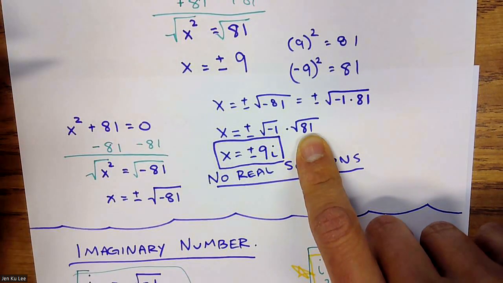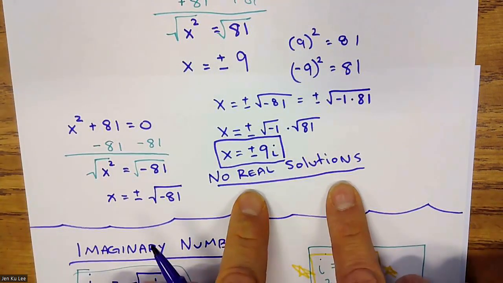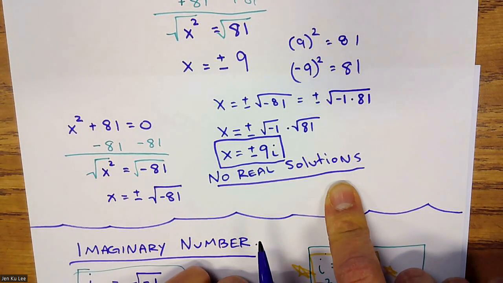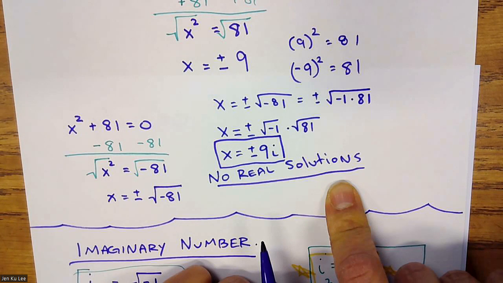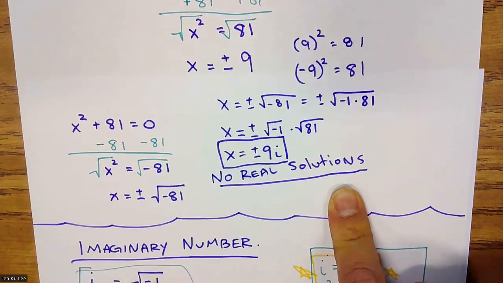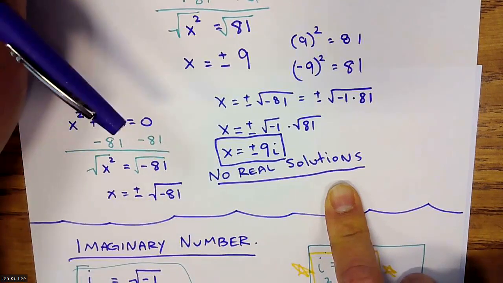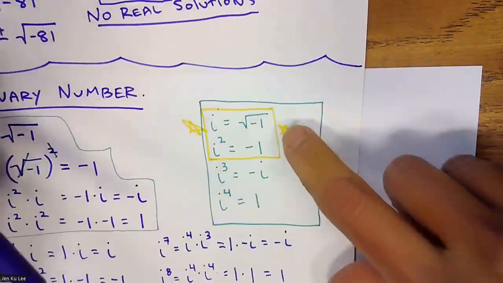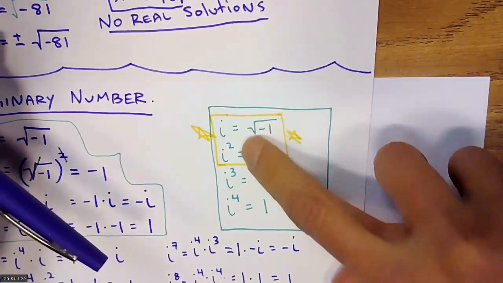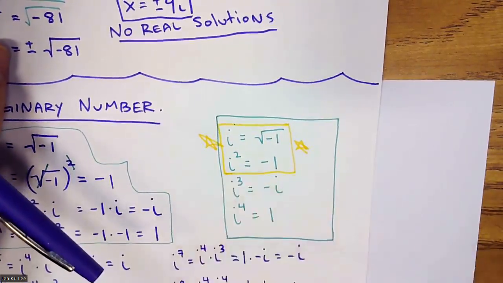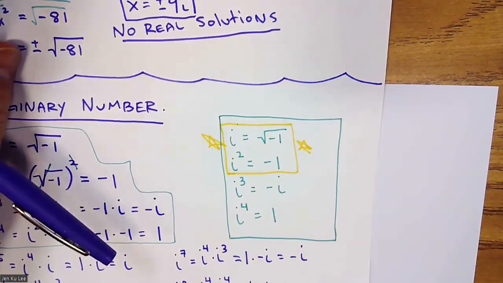That's it. It doesn't have a real solution. It has an imaginary solution. That's just the way that the imaginary number works. And like I said at the end, these two are the ones that we're going to be using.